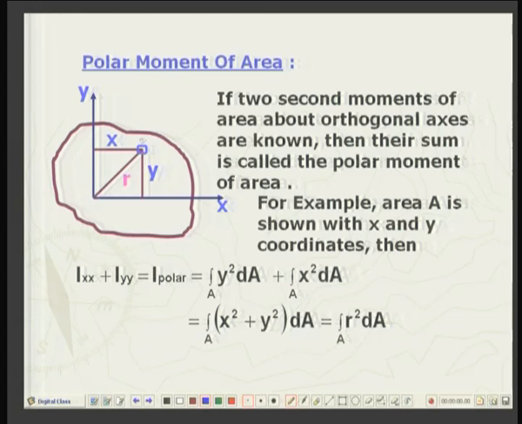R is the radial distance of the element of the area from the center. Okay. So, this is called the polar moment of area. The only thing is that Ixx and Iyy should be the second moments of area about the two orthogonal axes passing through the arbitrary origin O.